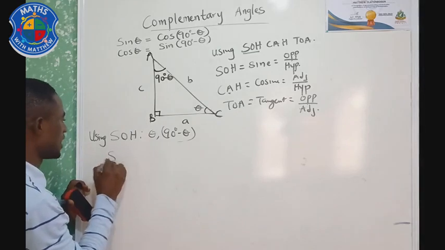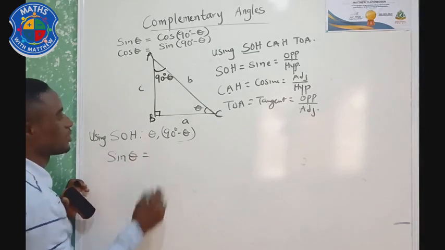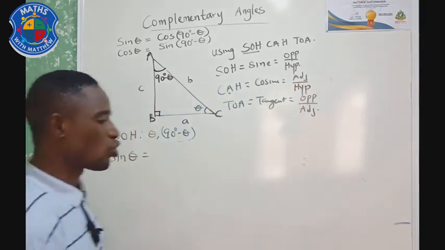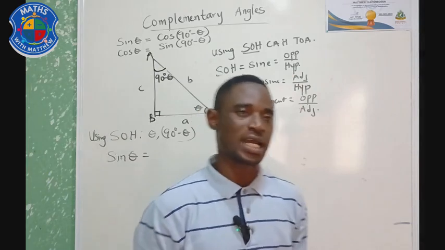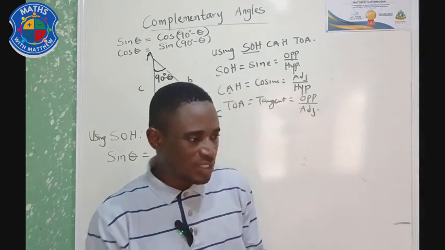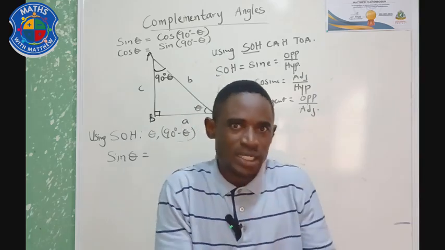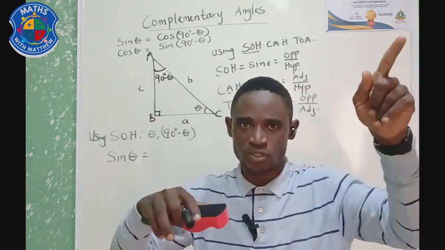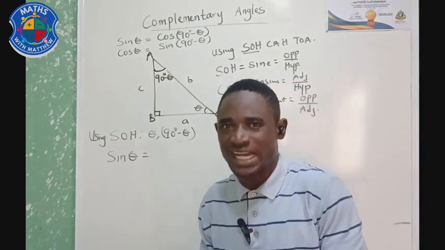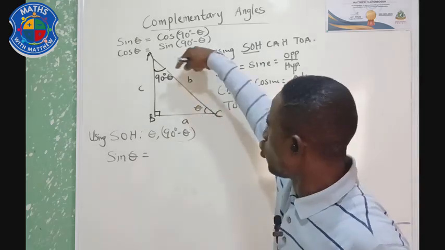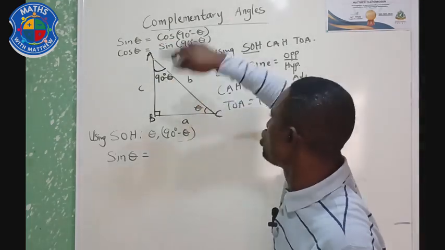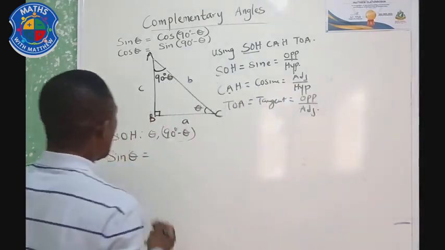Let's say sine theta. Sine theta equals, don't forget our sine is opposite over hypotenuse. And when we talk about opposite in a right angle triangle, when you pick a particular angle, the side facing that particular angle is the opposite, while the other side is the adjacent. But look at this. The longest side of this right angle triangle is always called our hypotenuse.